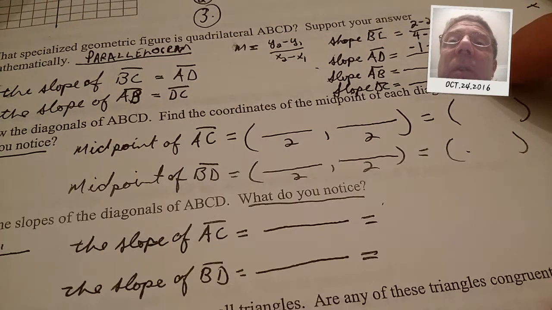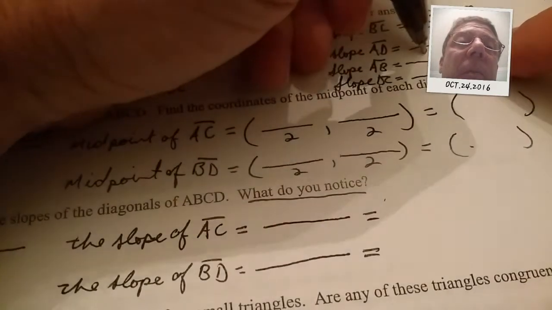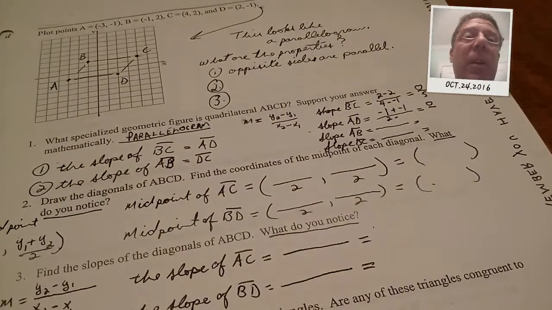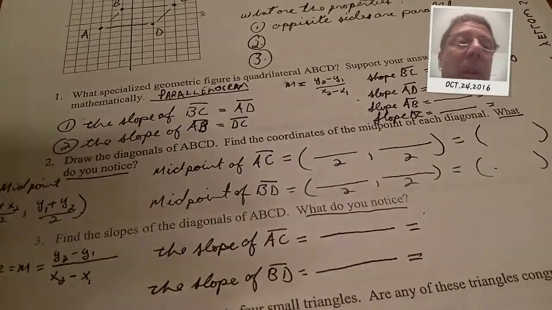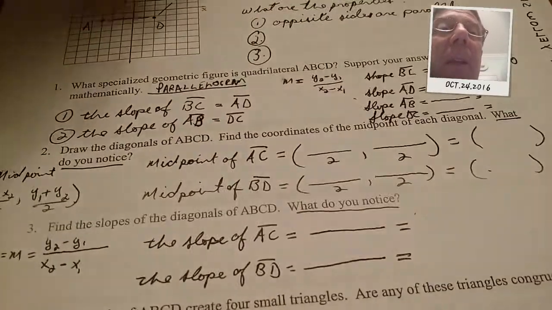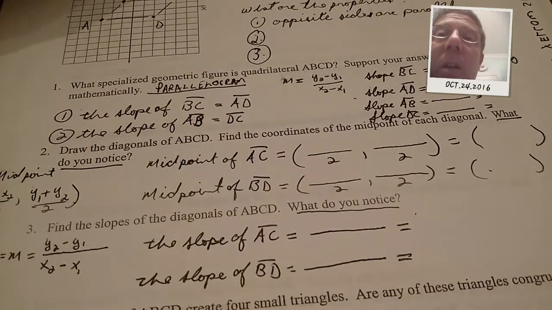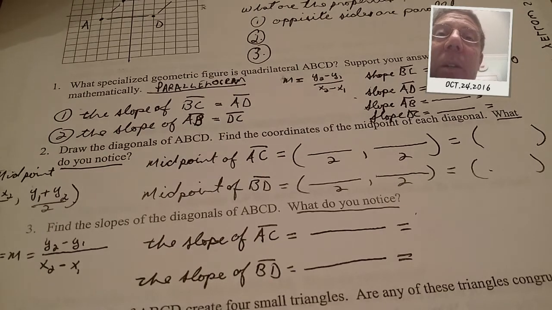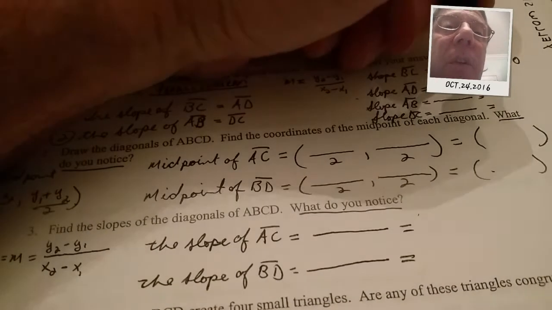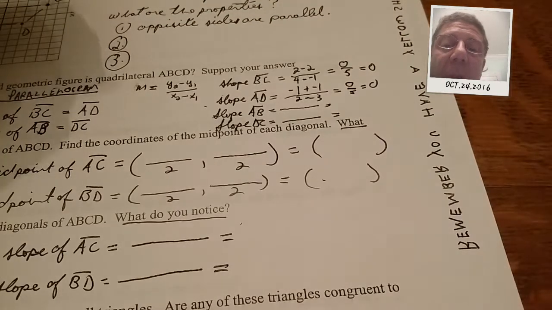Let's see, my x values are 2 minus negative 3, and 2 minus negative 3, of course, is 5. Well, that's pretty cool. That's going to be 0, too. So the slopes seem to match here. Bingo, I got a match.